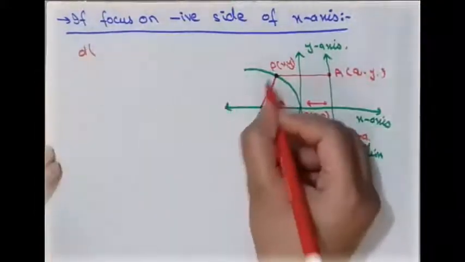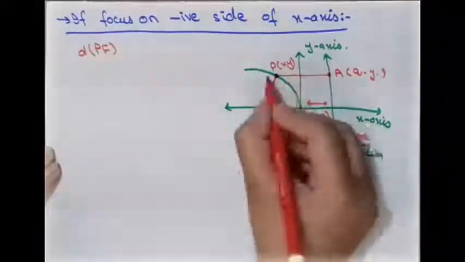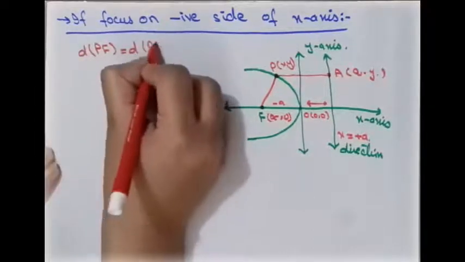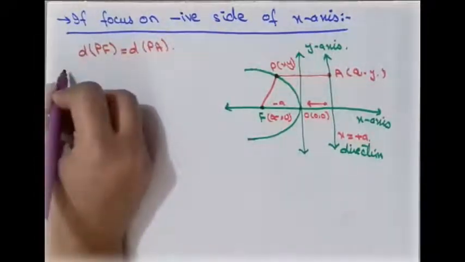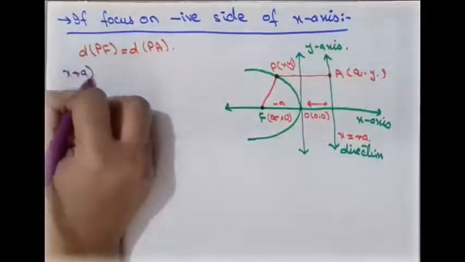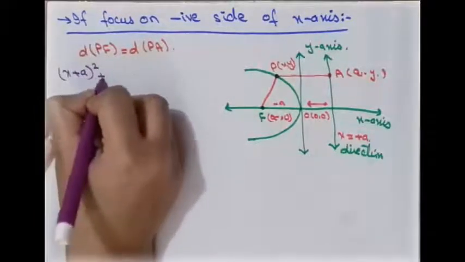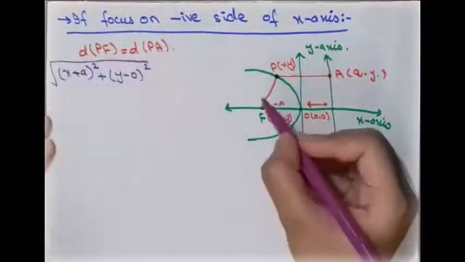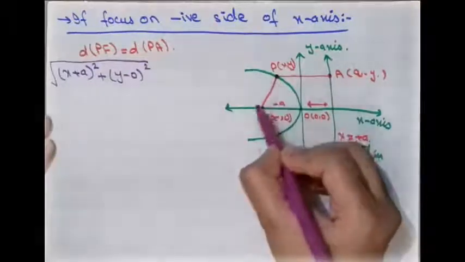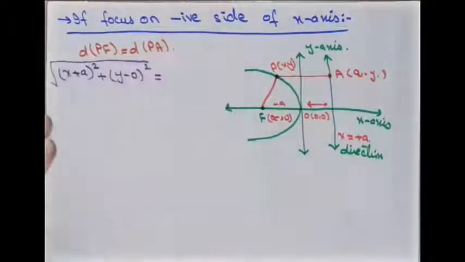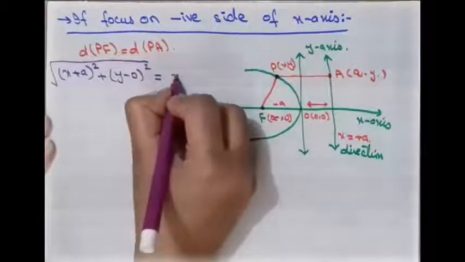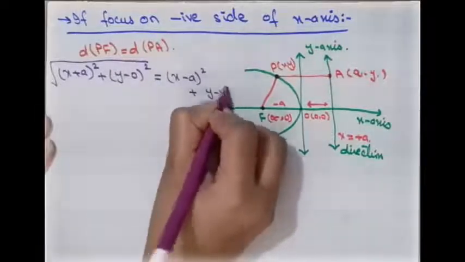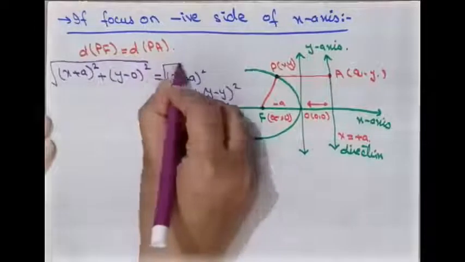Our distance between point P and F equals the distance PA. So applying the distance formula, PF will be x plus a square plus y minus 0 square under the root, which equals PA, which is x minus a square plus y minus y square, the whole term under the root.